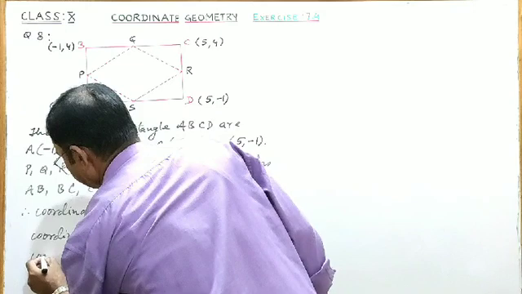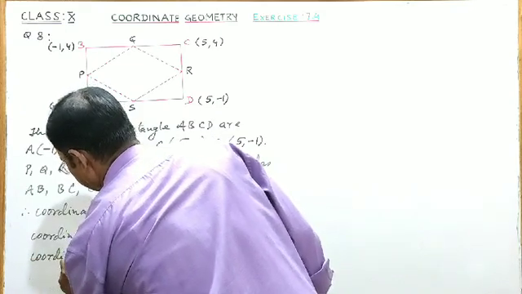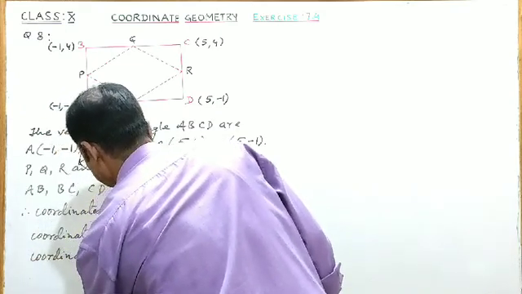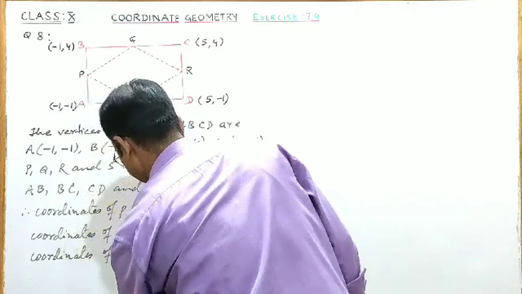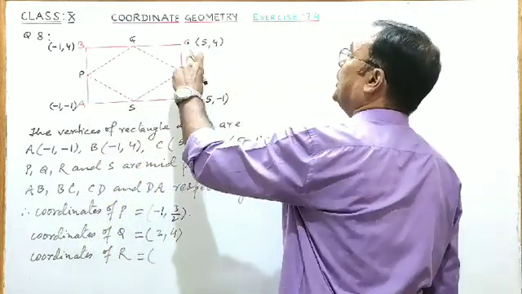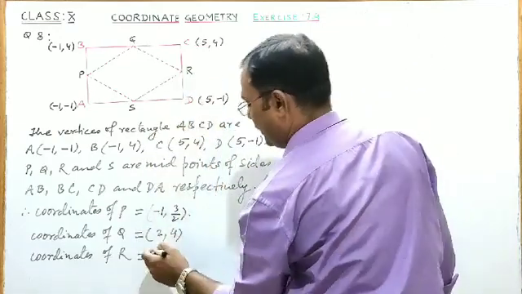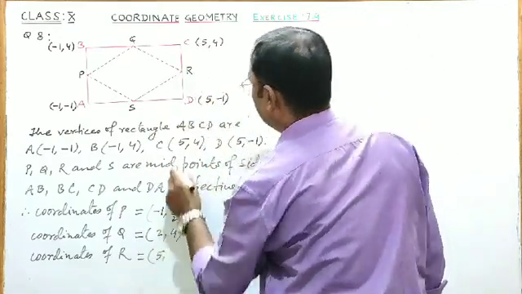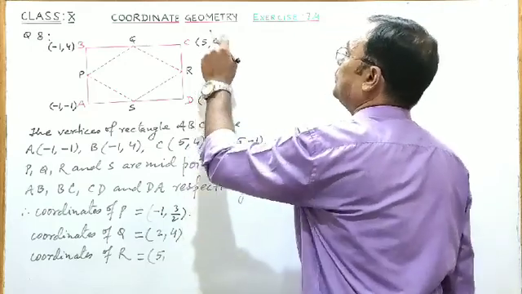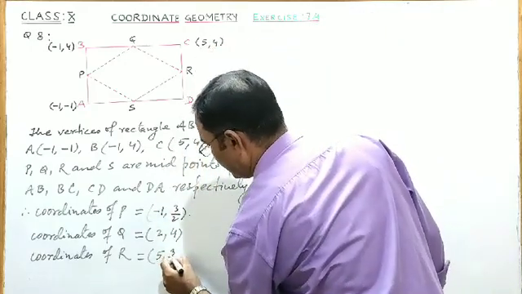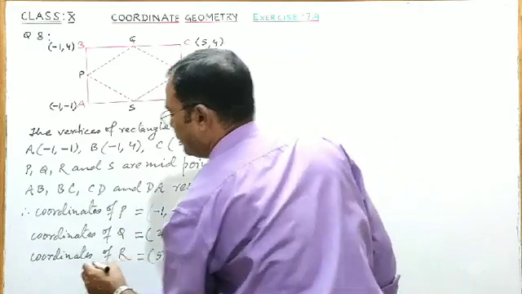Coordinates of R, which is midpoint of side CD, are (5 plus 5)/2, 10 by 2, 5, and (-1 plus 4)/2, 3 by 2.